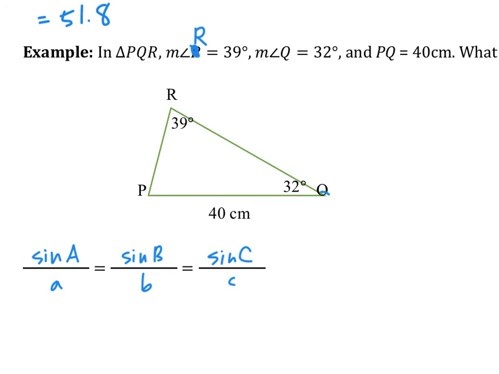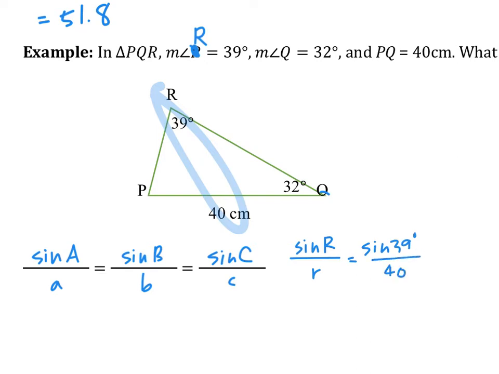Do we have a side to its opposite angle that is known? Yes, we do, this one. So we know what that is. Sine of R over its opposite side, little r, is sine 39 degrees over 40.